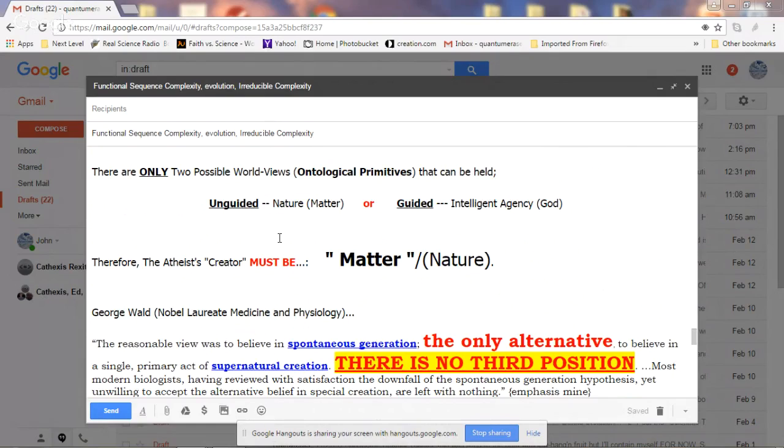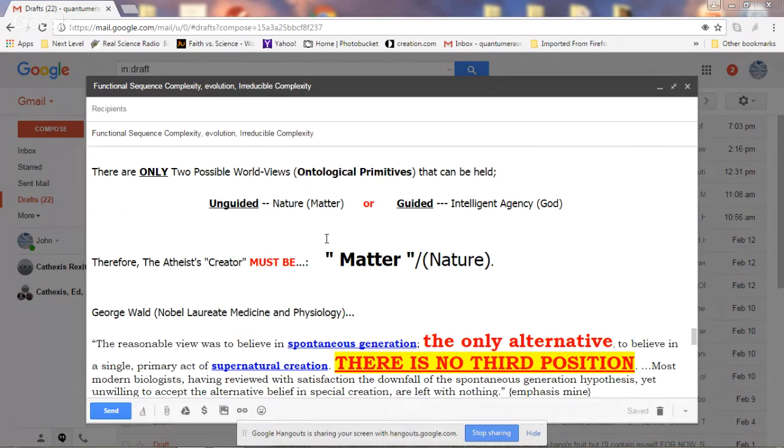This is very important because, as I said many times, there are only two possible worldviews or ontological primitives that can be held. That is, the reasons or rationales as to how us and the universe are here. There's only two causes or potential causes. That's unguided, nature or matter, or guided, intelligent agency, or God. That's the only two.